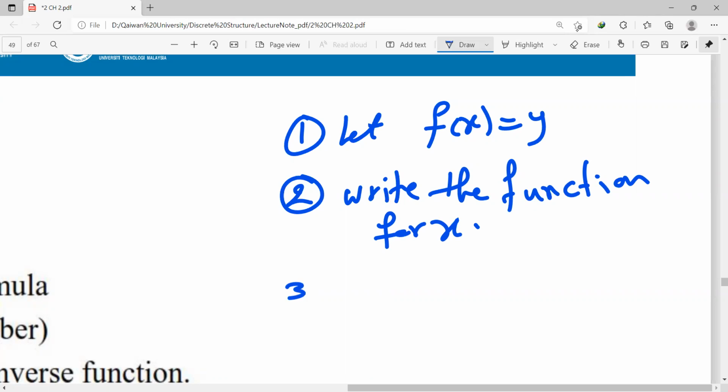In step 3, interchange x and y. That means we change each x to y and each y to x. We just interchange them.